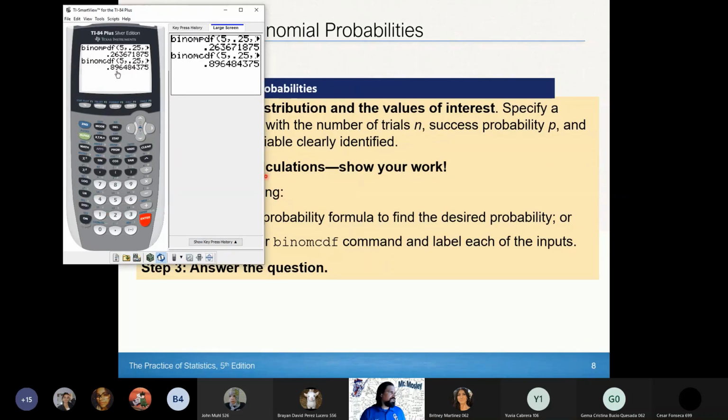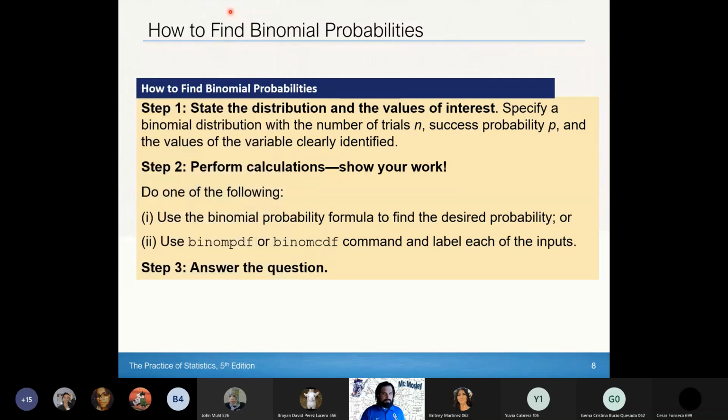And we get 0.89. So this tells us the probability of having 2 or fewer kids with blood type O is almost 90%. So that's how we can use our calculator, which is nice.